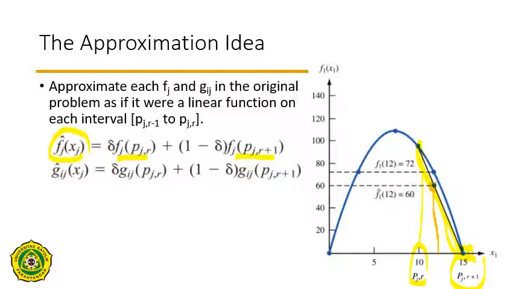For example, instead of 10 and 15, if your grid points are 10 and 11, the difference between the approximation and the actual function will be smaller. And if the range is even smaller, for example, 10 is your first grid point and your second grid point is 10.001, of course the approximation is even closer to the original function.